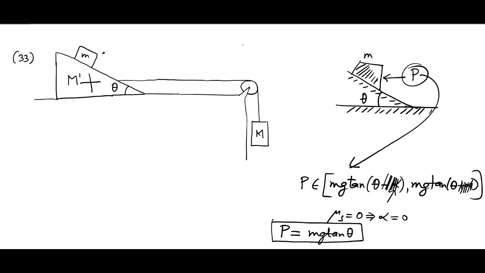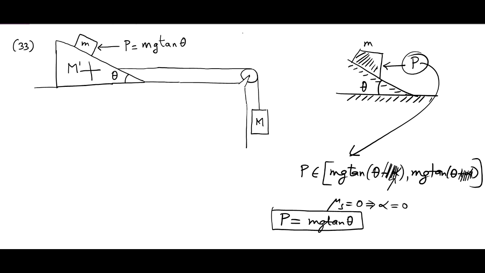So the pseudo force which does act on M, for the reasons that we just stated, must be, I'll call it P again, that must necessarily be mg times tan of theta.